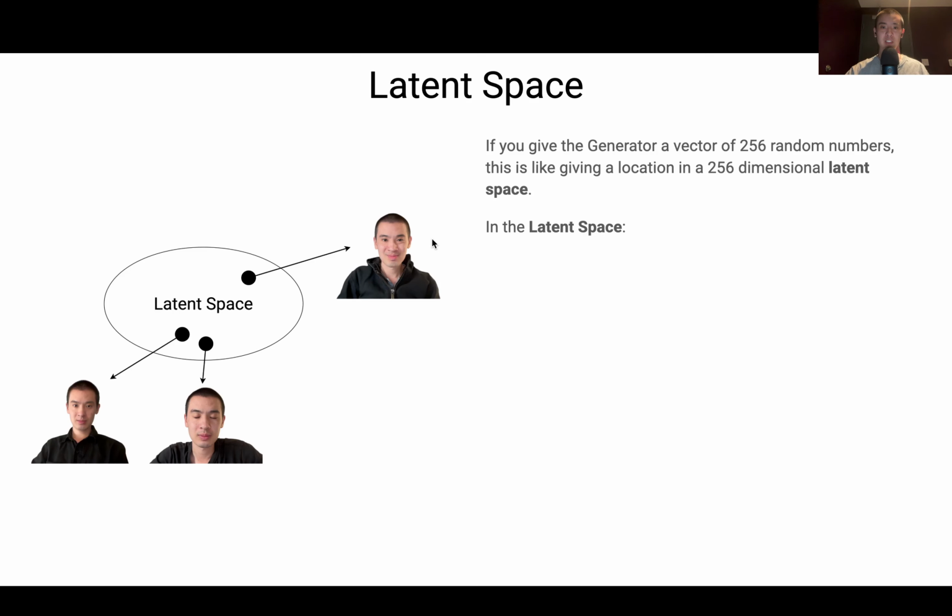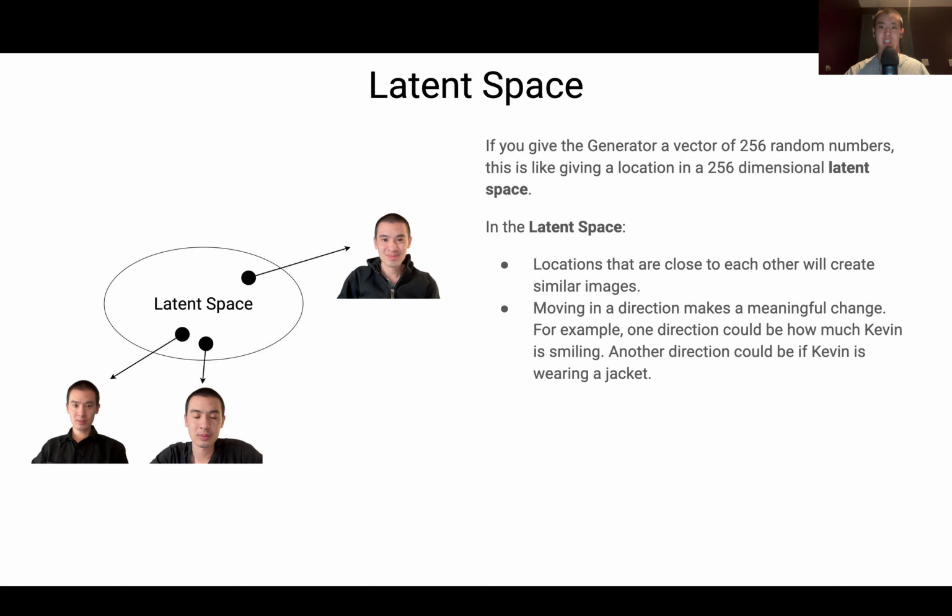In the latent space, locations that are close to each other will create similar images. So these two locations in my example latent space are close to each other, so I'm not smiling too much, and I'm wearing a black shirt in both of these locations in the latent space. Whereas here, it's a bit farther away, so I'm smiling more and wearing a black jacket rather than a black t-shirt.